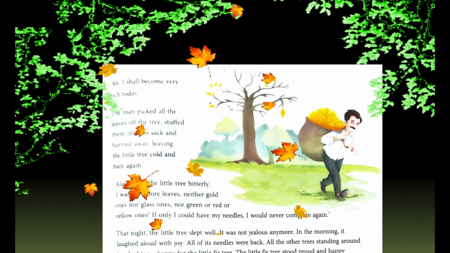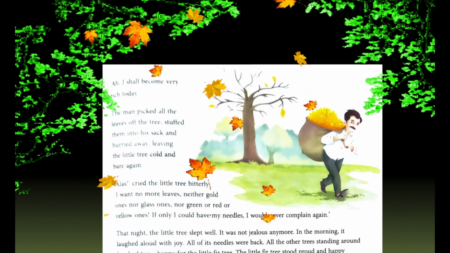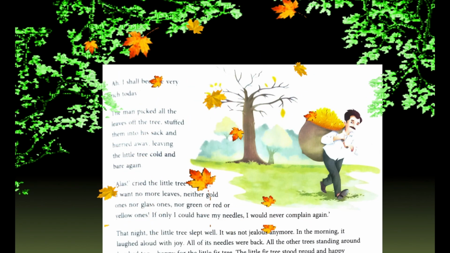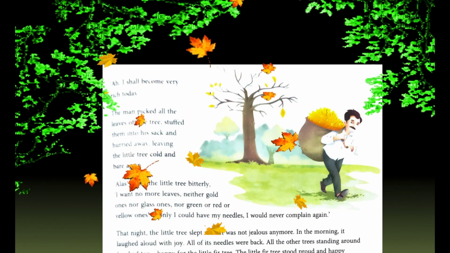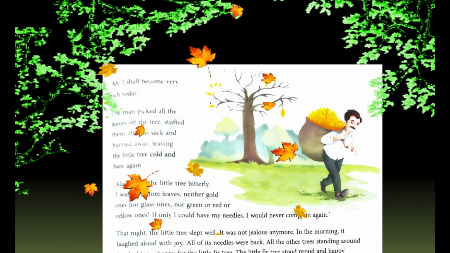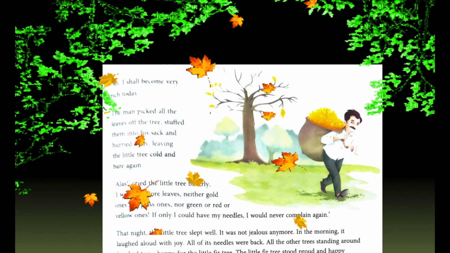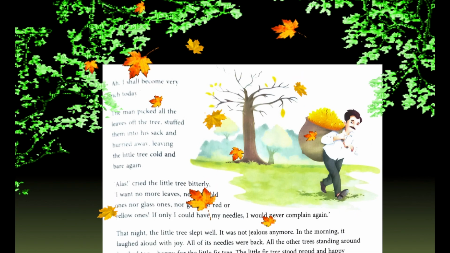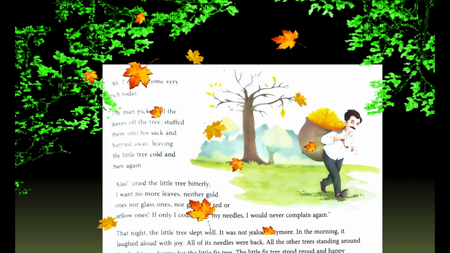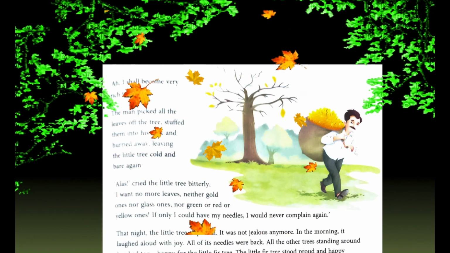Soon there came a young man with a large sack. As he was passing by, he noticed the gleam of the golden leaves. "Ha! I shall become very rich today." The man picked all the leaves off the tree, stuffed them into his sack, and hurried away, leaving the little tree cold and bare again.